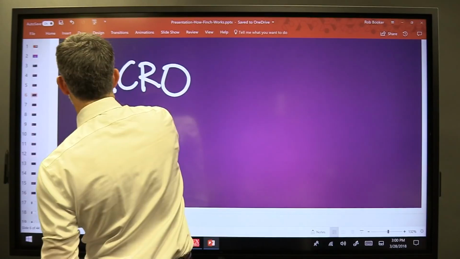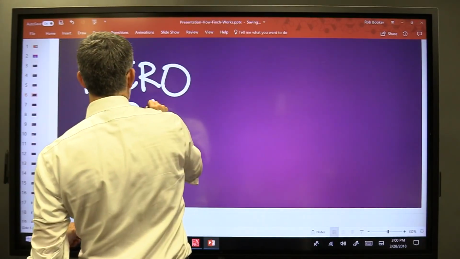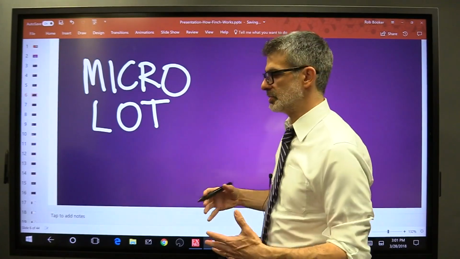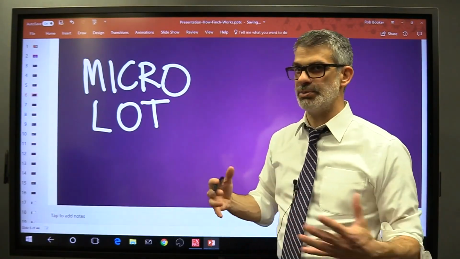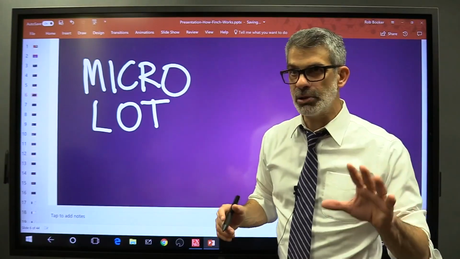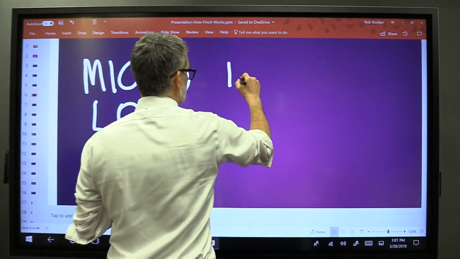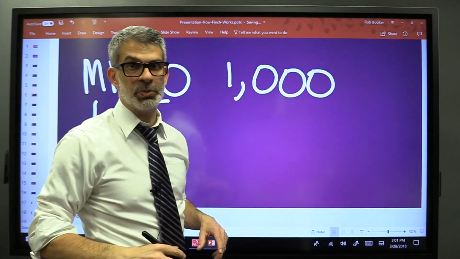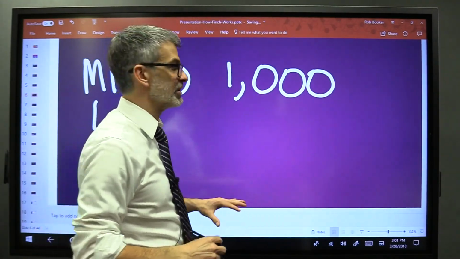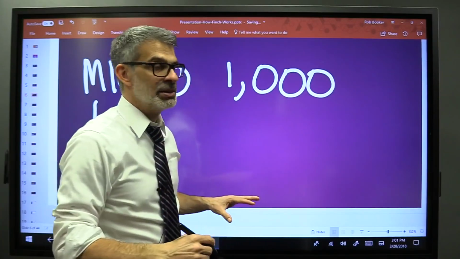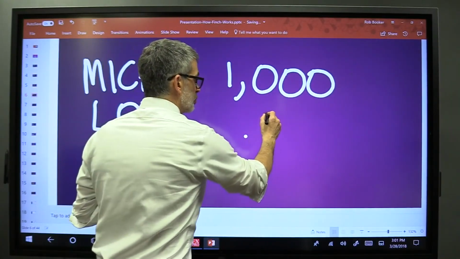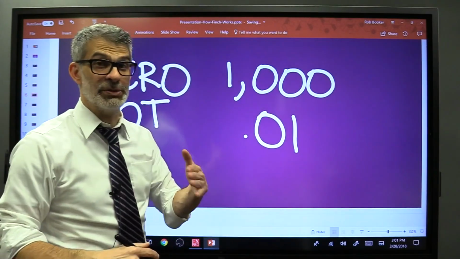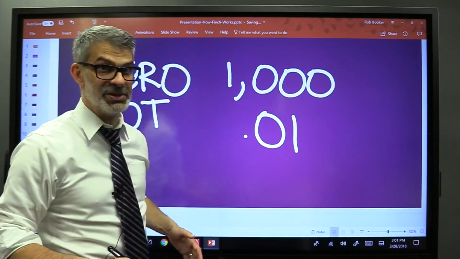So this is referred to as a micro lot. I don't know why they use the word lot, but it's a lot size, or it's just trade size, lot size, micro lot, whatever. A micro lot represents 1,000 units of currency. And it is generally shown in your trading account as 0.01 as the volume or as the trade size.